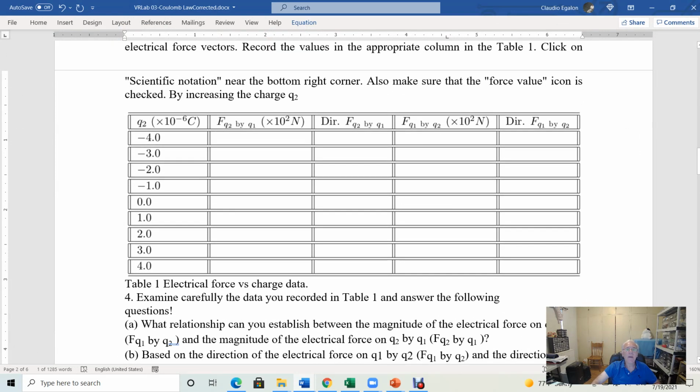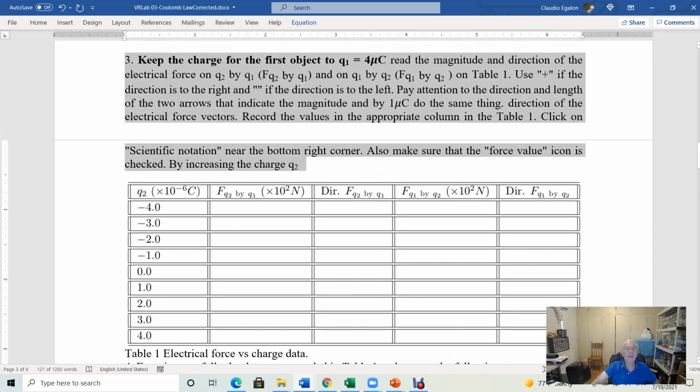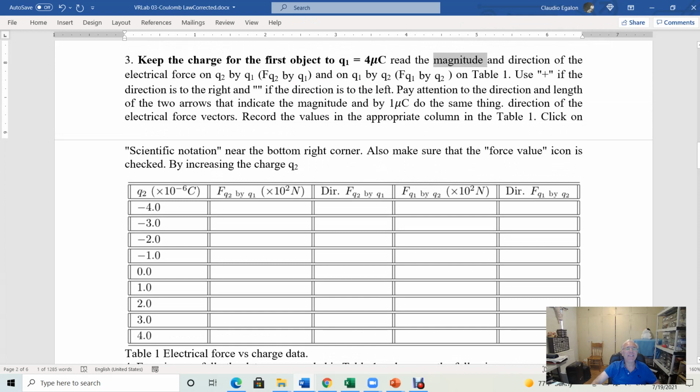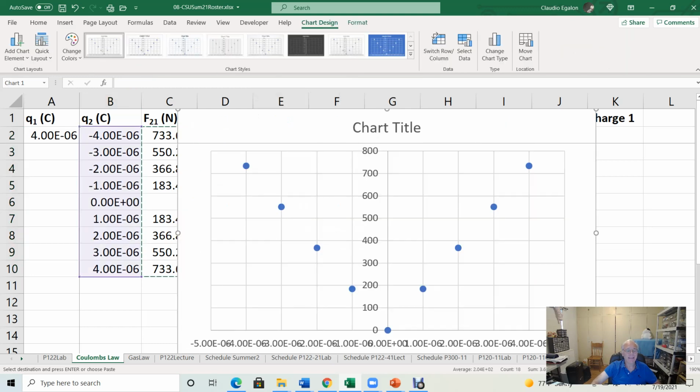Scientific notation. Let's make sure about the force and the charge. He's asking the magnitude, okay? Because he asked the magnitude, we plot the magnitude. Because of that, we get that funny graph like that.